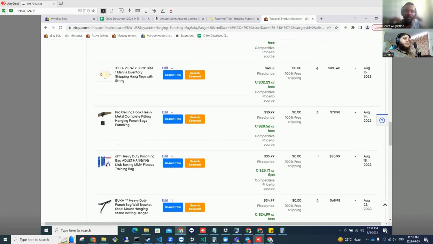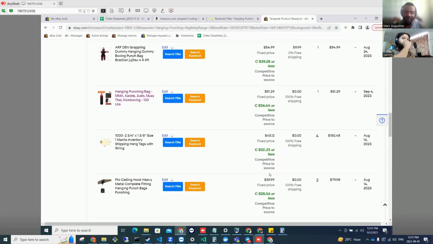So you find items that sell, you snipe the exact title, the images, everything, and you lower the price. In theory, that makes sense if you just want to generate sales. But at the end of the day, you have to sell way more items to make the same amount of money. You'll be selling items at $100 to make $9, or sell an item at $50 to make $5.